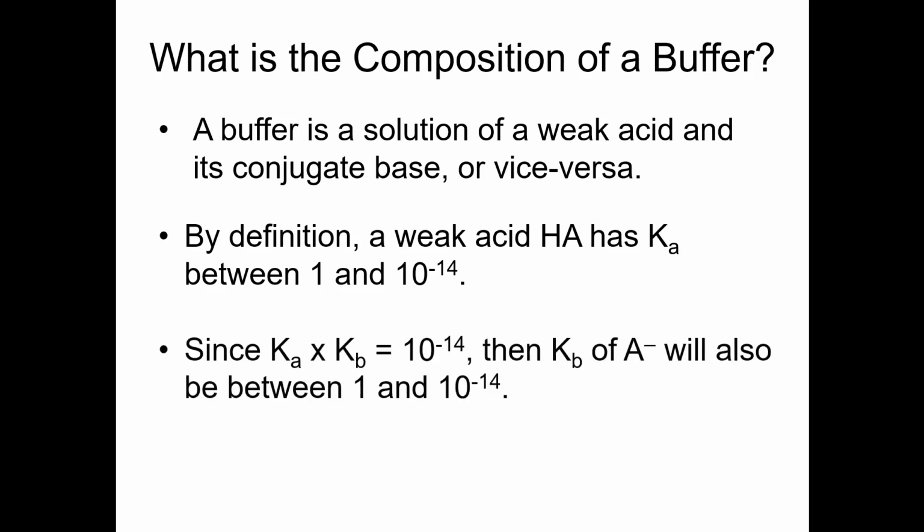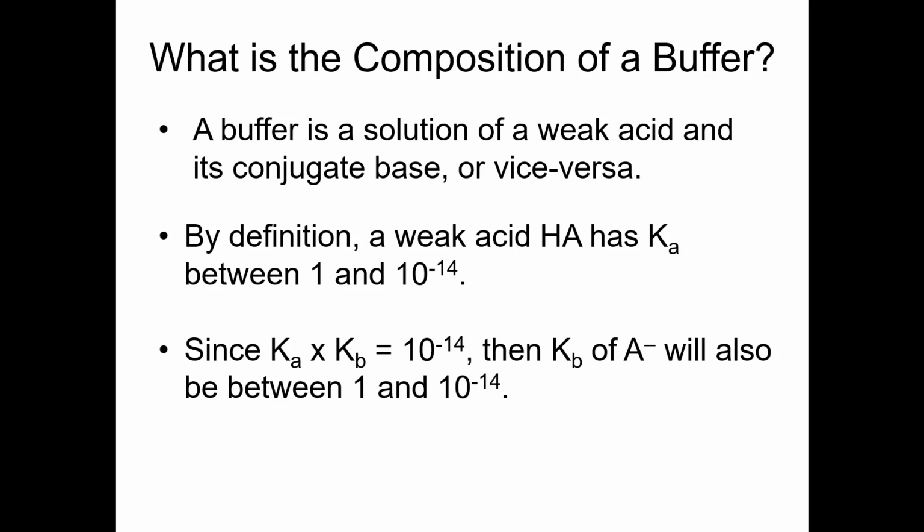If you'll recall also from chapter 16, there's a relationship between Ka and Kb for any conjugate acid-base pair. Since Ka times Kb is equal to 10 to the minus 14th, it follows mathematically that if the Ka of your weak acid is between 1 and 10 to the minus 14th, then the Kb of its conjugate base is also going to be between 1 and 10 to the minus 14th.